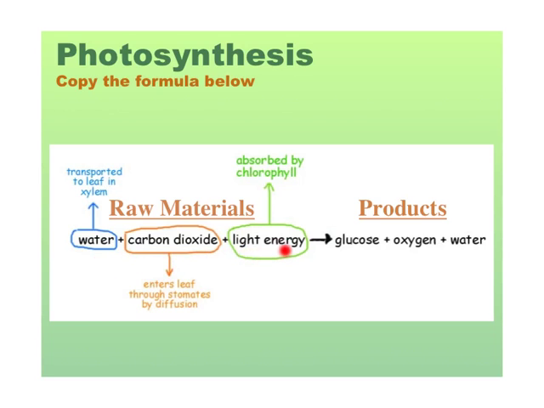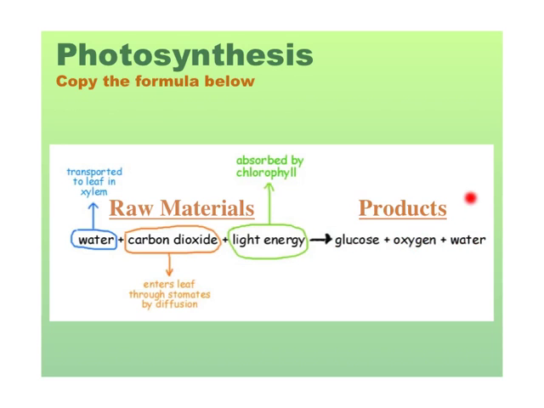The light energy from the sun or radiation is absorbed by the chlorophyll that's in the chloroplast. These are your raw materials or reactants because they react together to produce glucose, oxygen, and water.